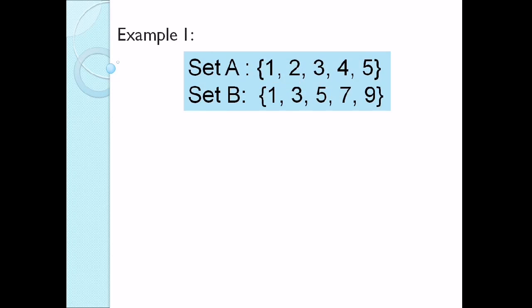So set A: 1, 2, 3, 4, 5. Set B: 1, 3, 5, 7, 9. So meron tayong dalawang sets. And then we need to find the union of set A and set B. So what is A union B?